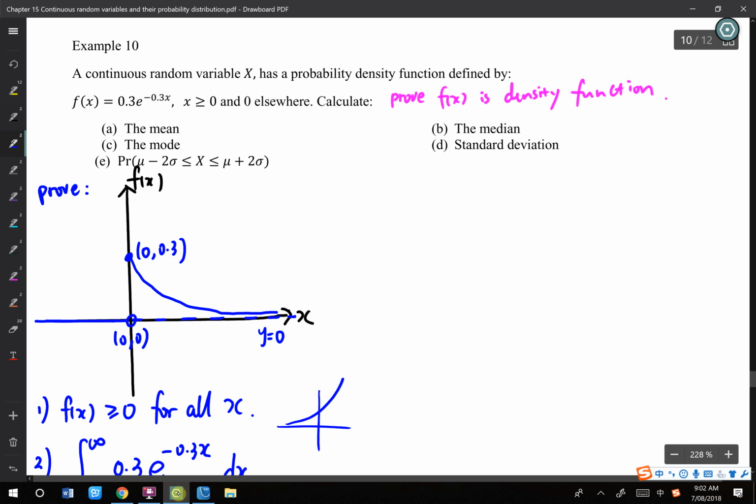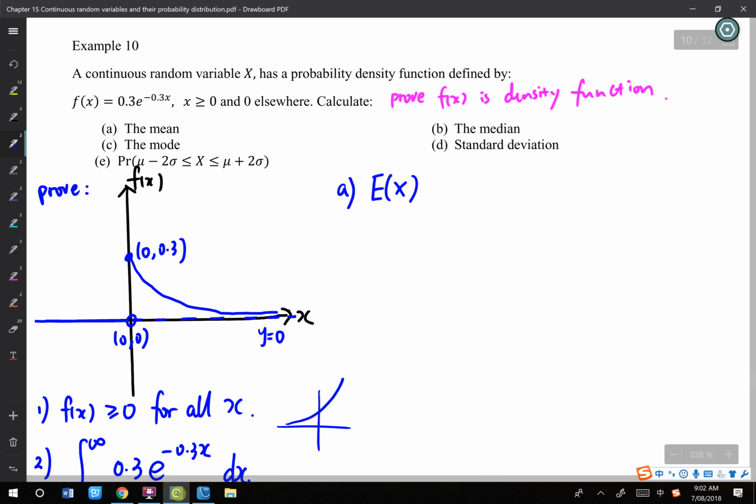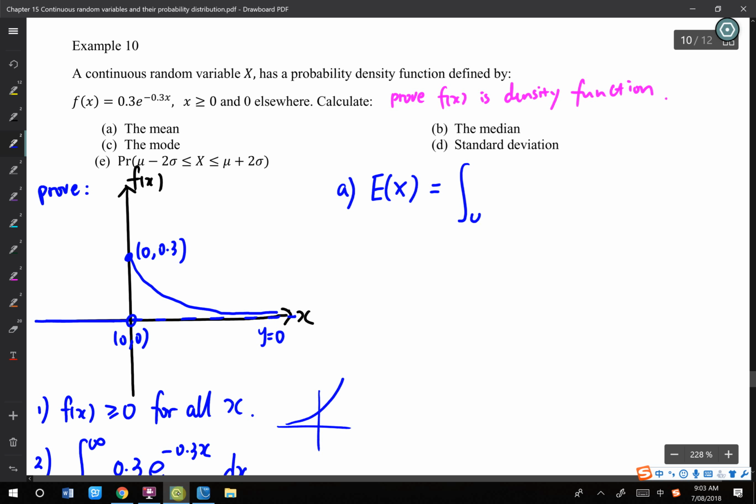So A, find the mean, which is the expected x. So the expected x equals the integral from 0 to infinity of x times fx dx.